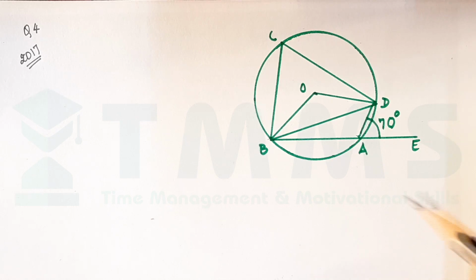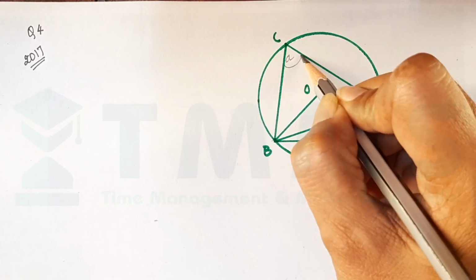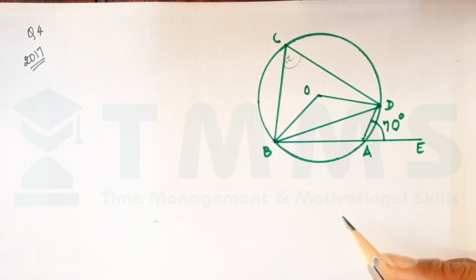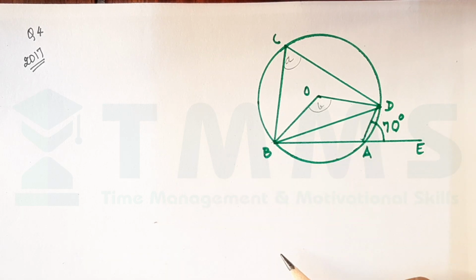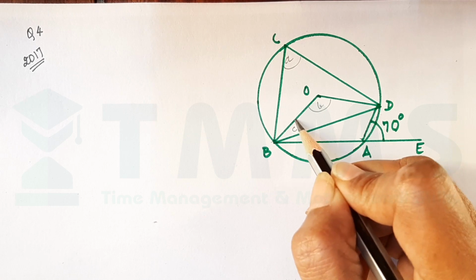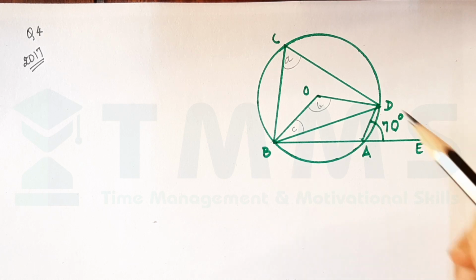Angle BCD, we'll call this A. We have to find this A. Angle BOD, and that is your B. And angle OBD, that is your angle C. Now as usual, remember, in all the questions, the tip is to connect what is known to what is unknown.